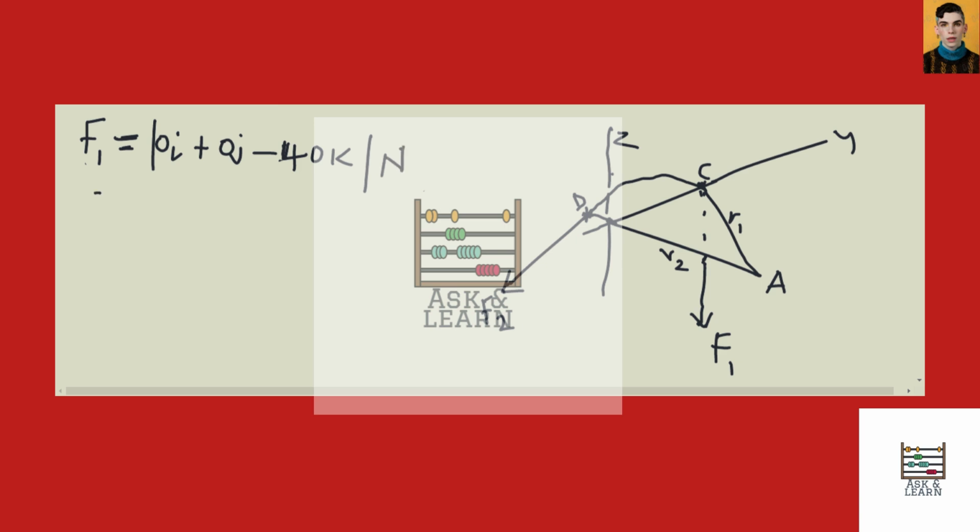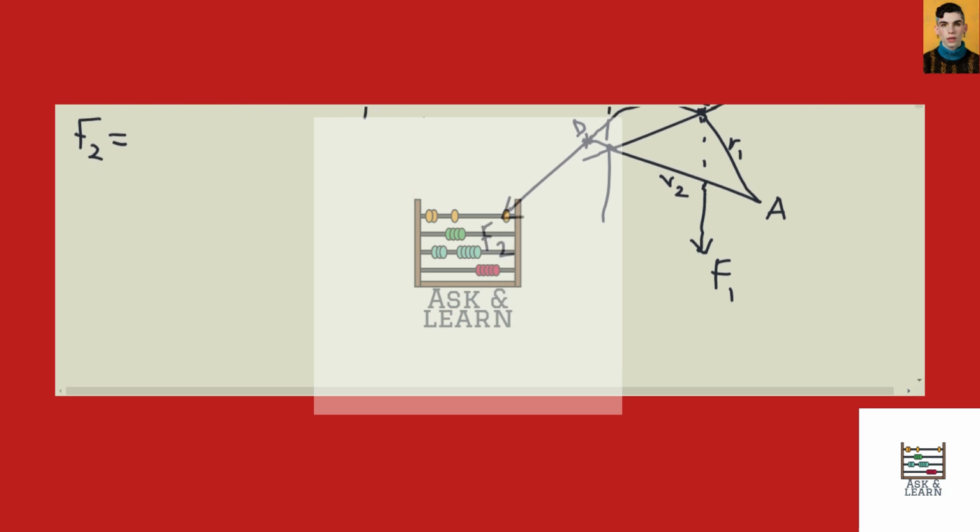Now we have F2. If you look at F2, it is inclined at an angle. Let's just bring out the angle, something like this, 45 degrees. So this is F2, and this is 45 degrees.